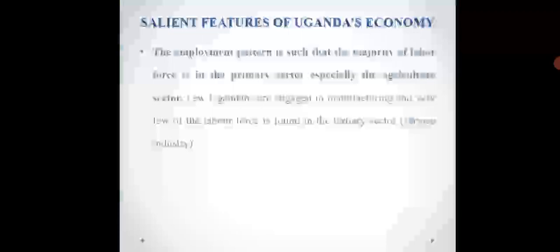So the highest percentage of the population of Uganda is basically employed in the agriculture sector, and this is the primary sector that we have here, the dominant. So you find that most of the labor we have here is actually employed in the primary sector, and a few go into manufacturing and then the tertiary sector.